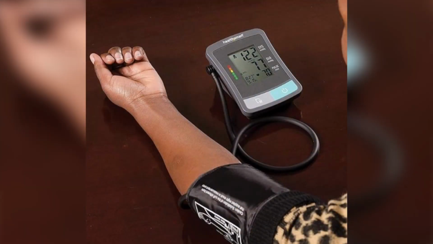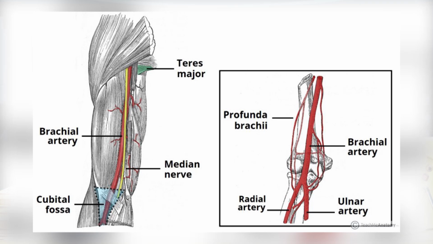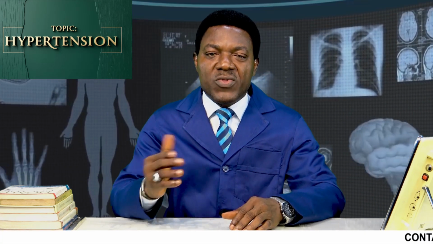A BP monitor device is designed to find out if your blood pressure is high, low, or normal. Don't forget that it uses one of the large blood vessels, the brachial artery, to do that, which means whatever level of pressure of blood is going on around the large blood vessels, especially, is what the BP monitor will detect or notice.